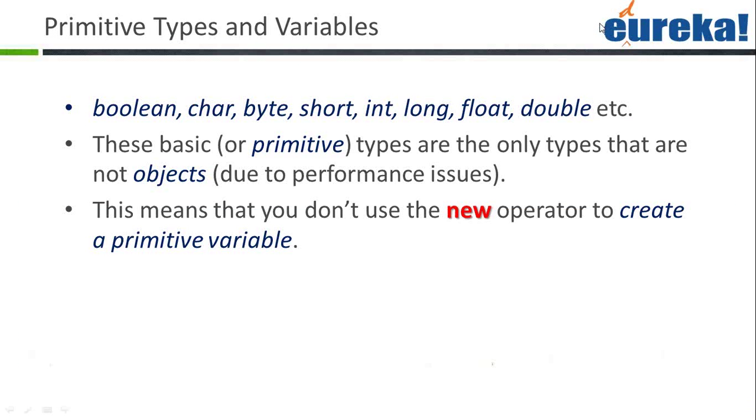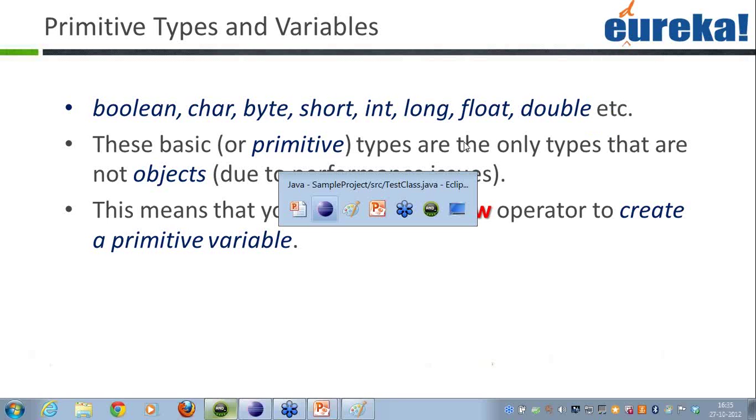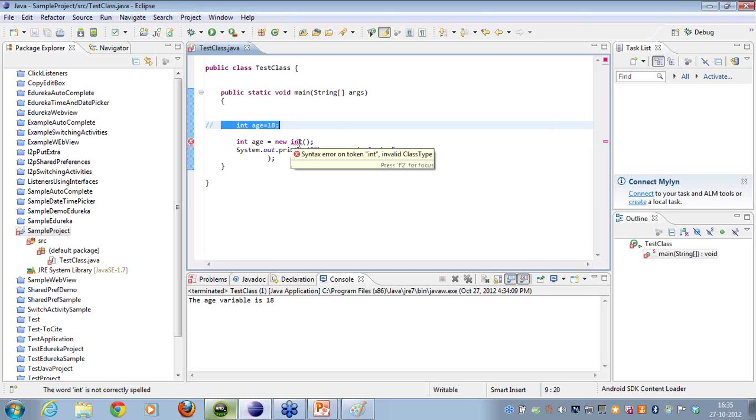Alright, so we have primitive data types and primitive variables. What I want to emphasize here is, if I try to create, say, int age equal to new int, and do a Ctrl S here, it will show me an error, and it says this is not allowed.